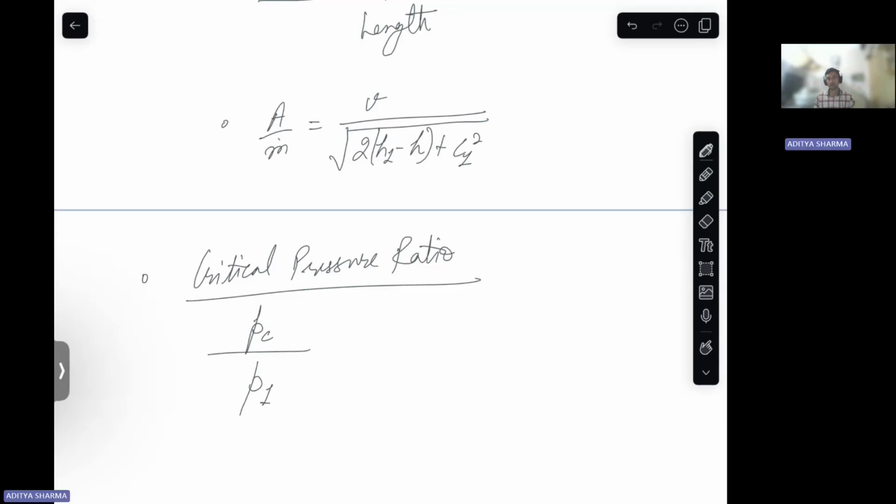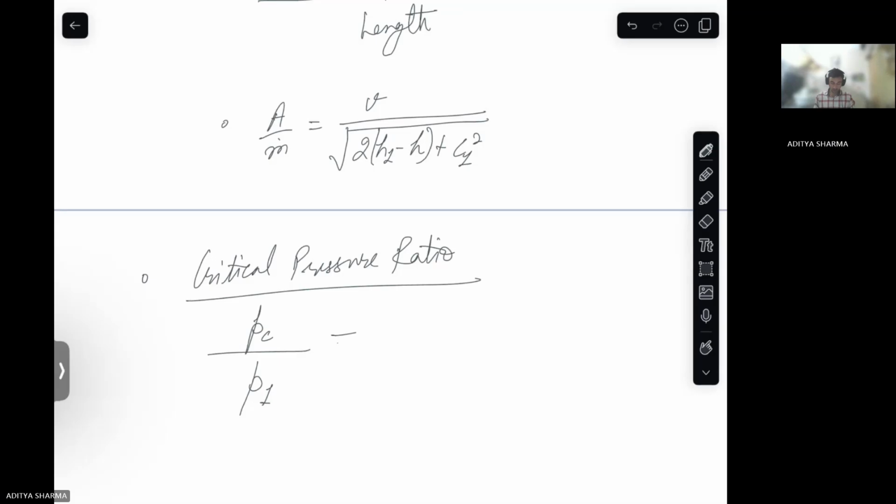It is also the pressure at which your throat chokes. By the word choke, I mean beyond this, the mass flow rate of the nozzle cannot further increase. So this is the maximum mass flow rate that a nozzle can attain. Okay, so that is the meaning of choke.